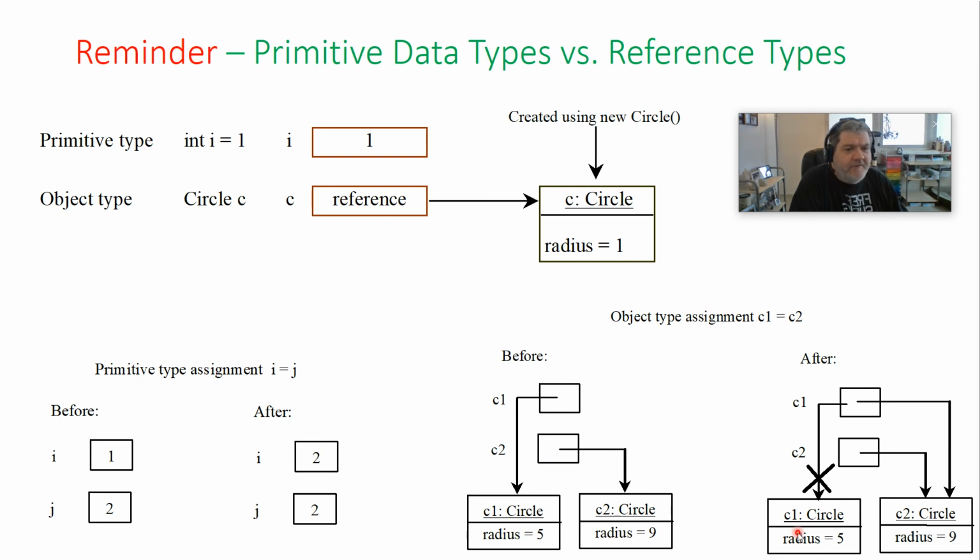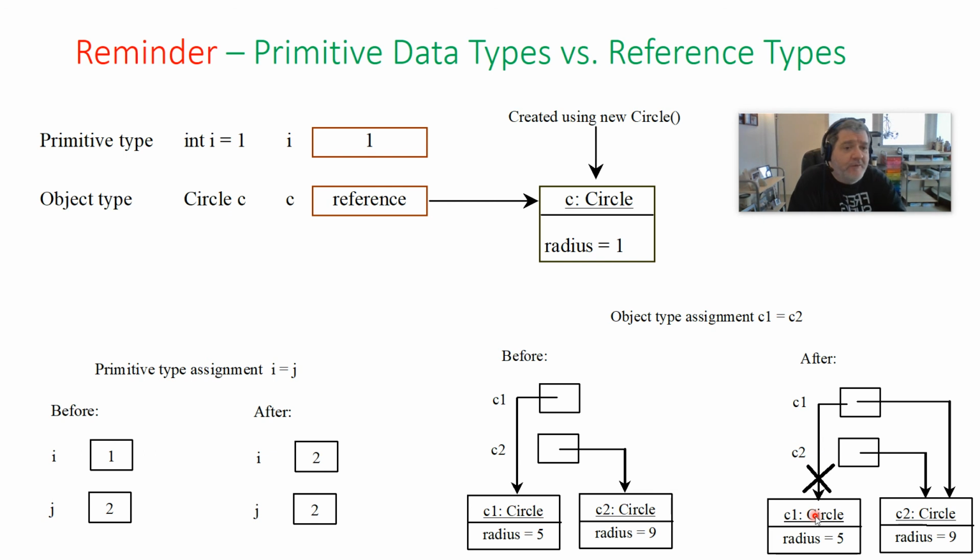And what happened to this guy? This object here still exists in memory. I didn't destroy it. All I did is I used to have a reference to that object in C1, and now I overwrote that reference by another reference so that C1 refers to a different object. So I no longer refer to this object with the variable C1, but it's still there in memory.